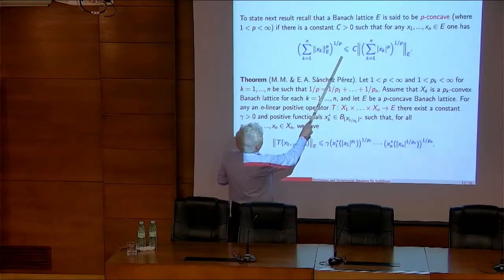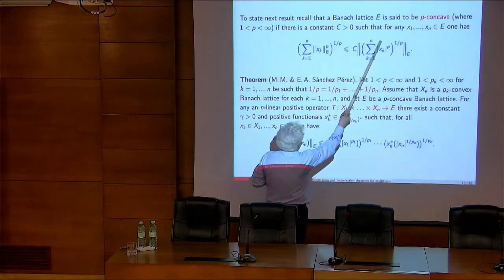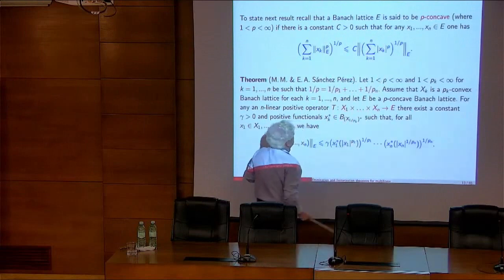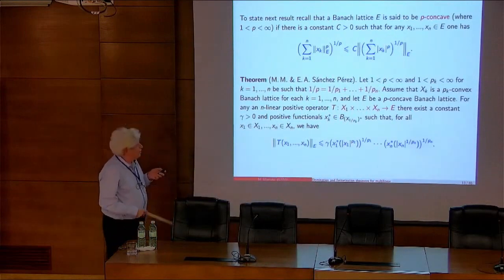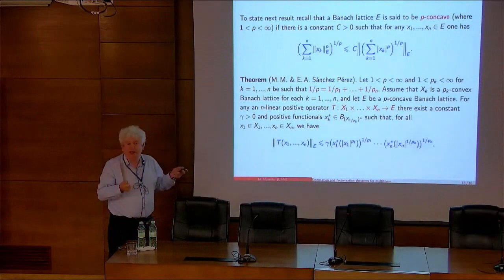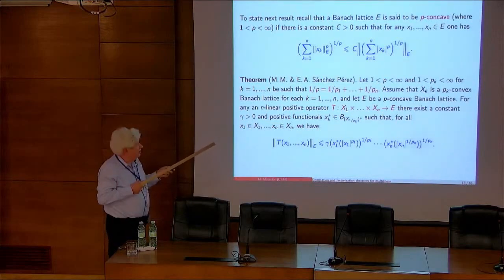You see, this inequality is the opposite one. So here is the strong LP norm, and this is a lattice LP norm of our functions in E. So in the case whenever E is equal to LP, then we have that this is P concave and P convex, and in fact this is only in general the case.